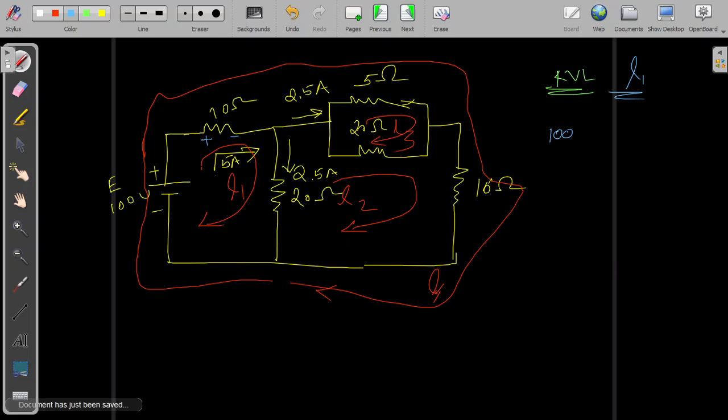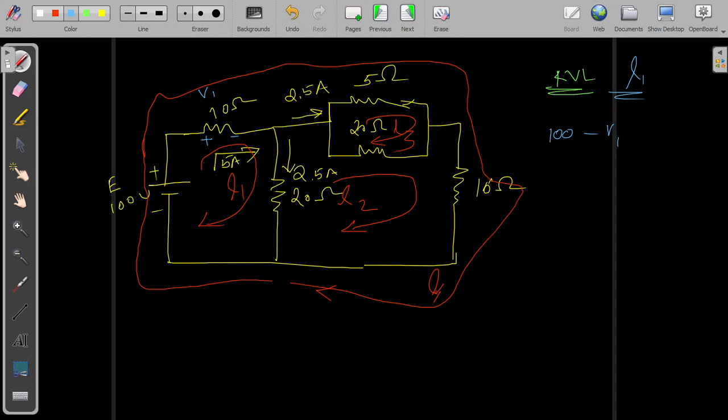Going in the clockwise direction, from plus to minus it is a falling potential, so it is negative. So minus the voltage drop across 10 ohm, let it be V1. So 100 minus V1, and then again I'm going in clockwise direction.